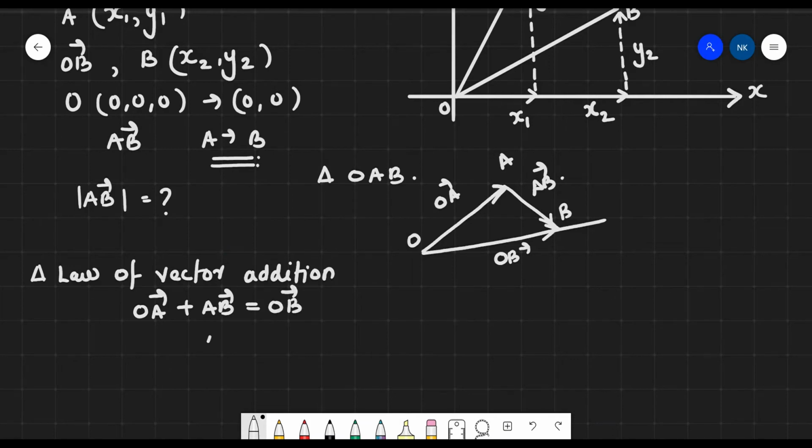From here I can say AB vector equals OB vector minus OA vector.